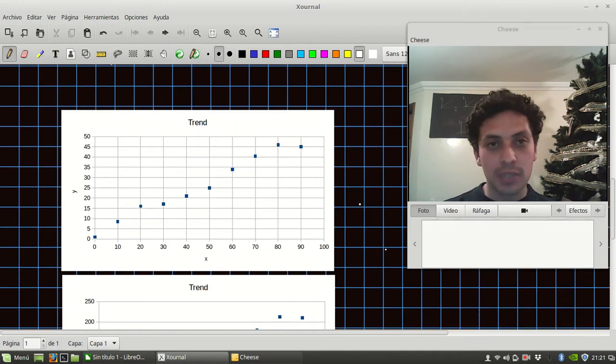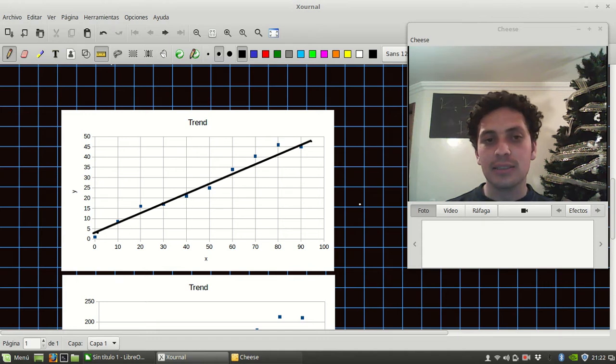So we have some data here, and we want to know what the trend is. As you can see, the data is moving kind of in a line. So we can make a line. Look, I can determine a line that I can call the trend line.